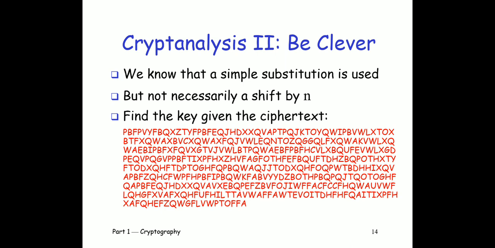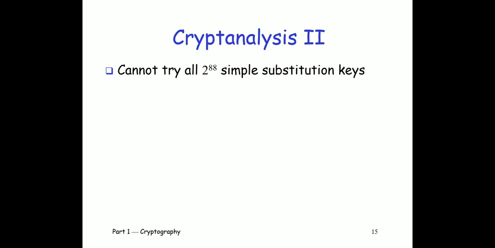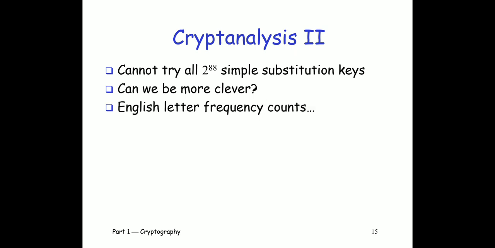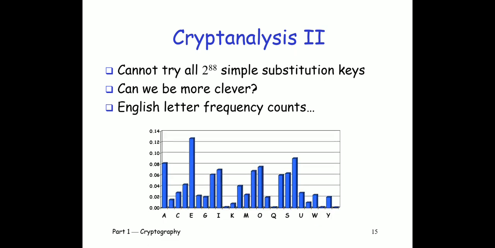We know that simple substitution is used, but we really don't know whether you are making a shift by n, so finding the key for the given cipher really becomes difficult, because we cannot try all 2 raised to 88 simple substitution keys, right? So we need to be more clever here. It depends totally upon the English letter frequency counts.